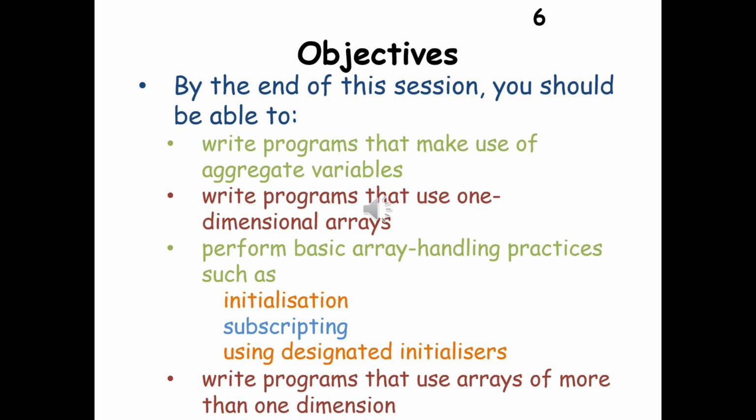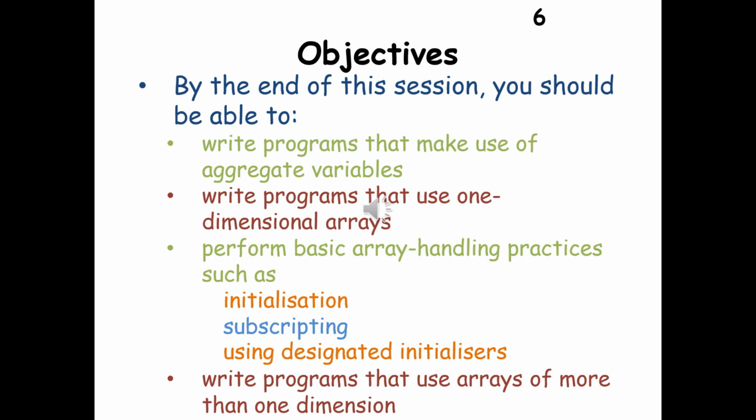We'll write programs that use what we call aggregate variables, which is just a fancy term for variables that hold multiple pieces of data together, kind of like your backpack holding all your school supplies. And then we'll tackle one-dimensional arrays. Picture this. You have a row of boxes and each box can hold something different, like shoes, socks, or toys.